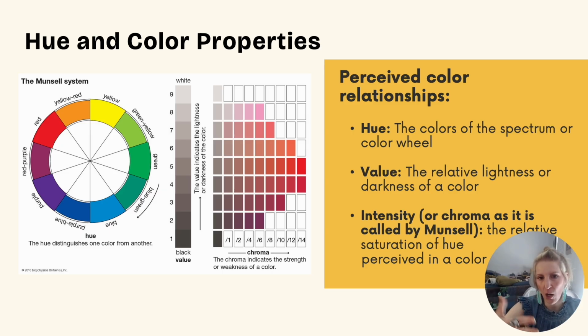If you take color design at UAA, this is the system that is likely being referenced. But this is the relative saturation of a perceived color. So if you've ever adjusted your images from like a phone color and you've adjusted the saturation, that's the intensity or chroma.